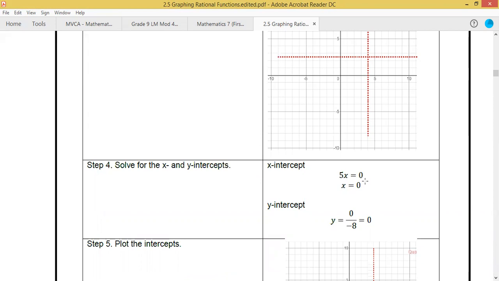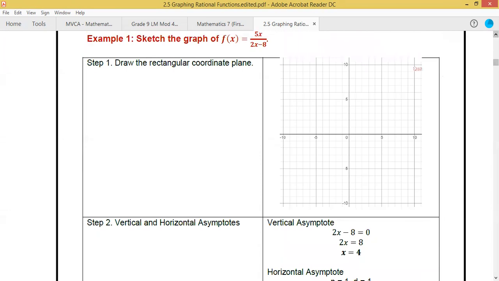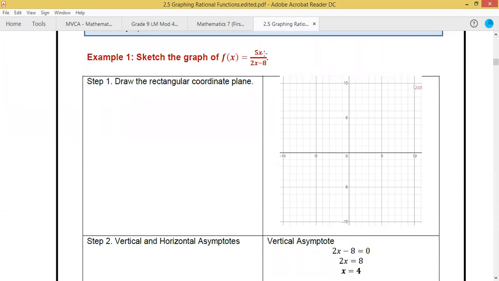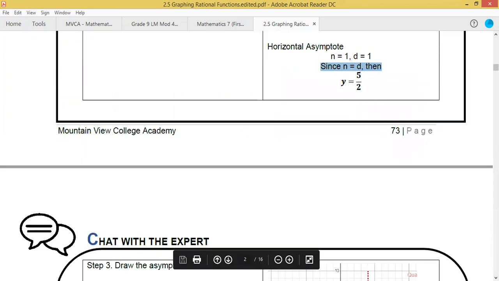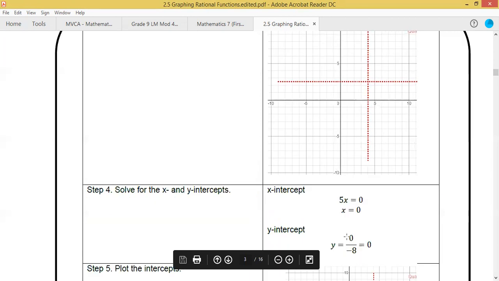Divide both sides by 5, so x equals 0. For our y-intercept, we base it on the constant terms. So what's our constant term? 0 for the numerator and -8 for our denominator. Using that, we'll have 0 all over -8, which is equal to 0.